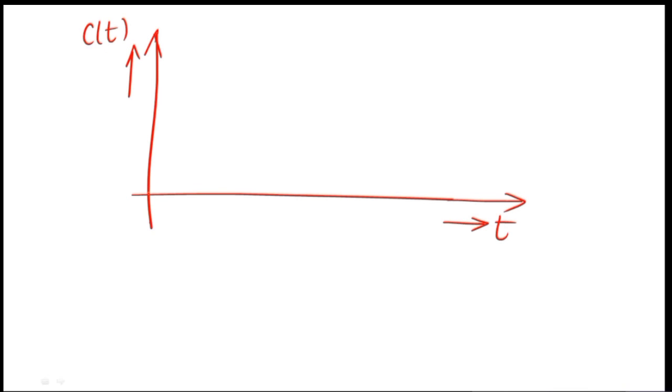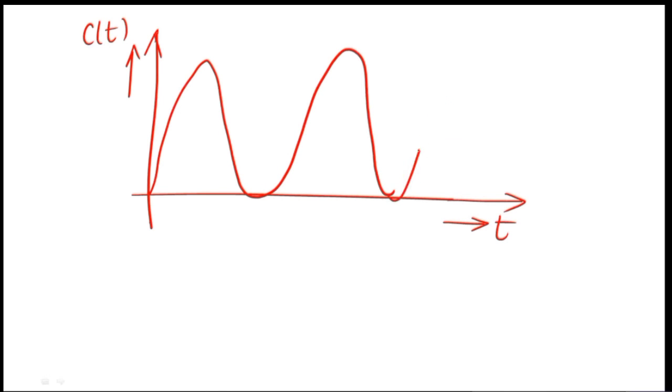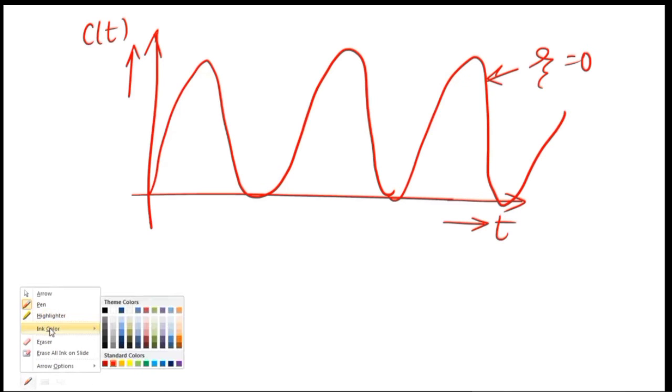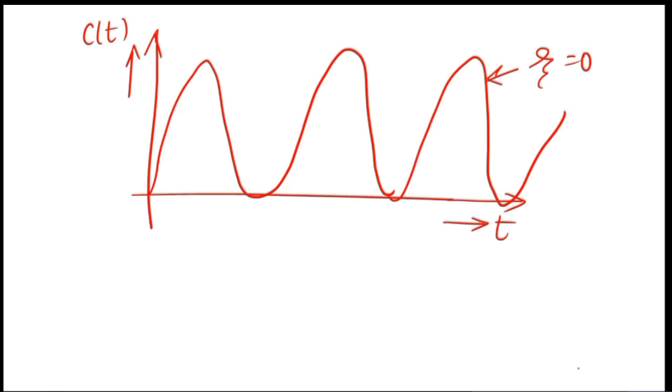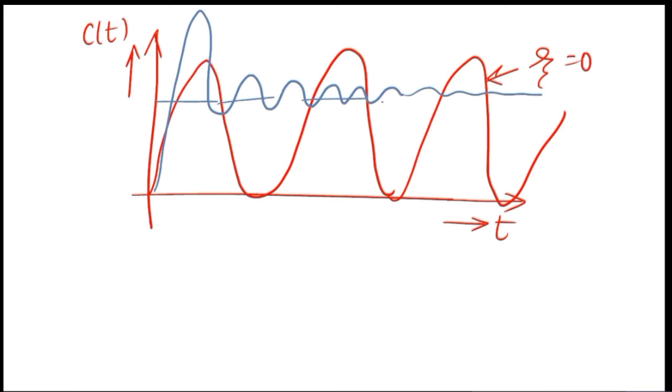The value of C of t for zeta equal to 0 is like this. If zeta value is 0.5, the response may be like this. Then this is equal to 1.